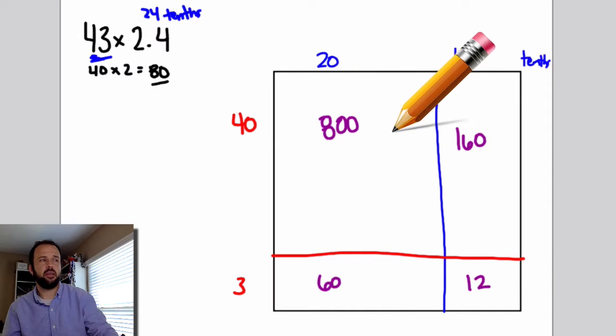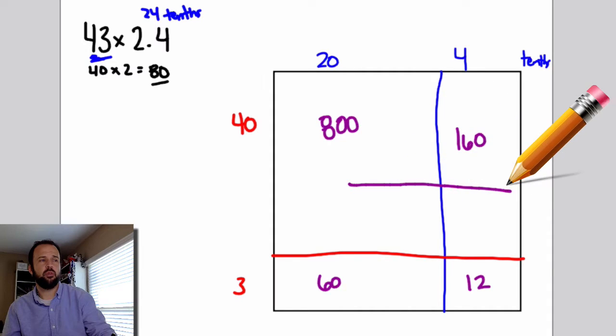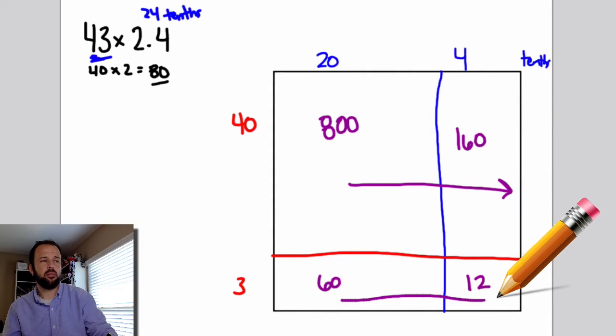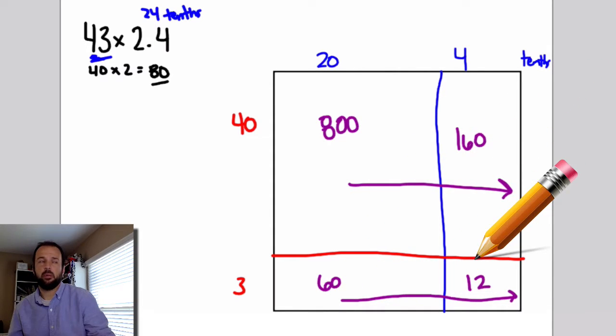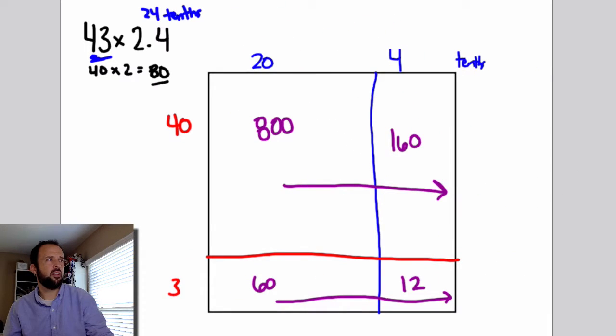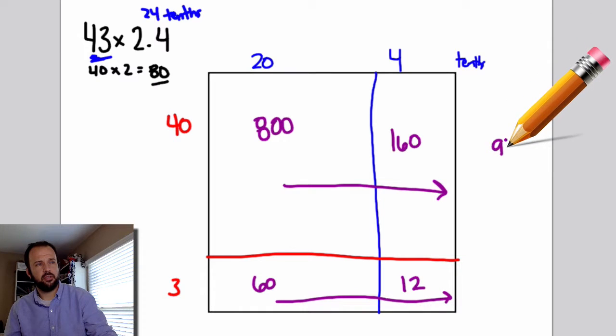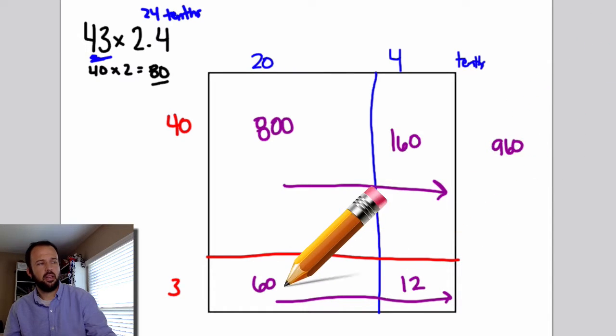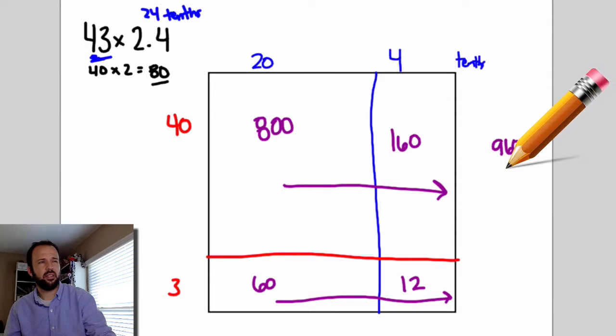The next step is I want to add across these rows now, okay? And add these numbers and get the totals of what my partial products are. So let me slide things over a little bit so we can see everything better. If I add across here, 800 plus 160 gives me 960. And 60 plus 12 gives me 72.